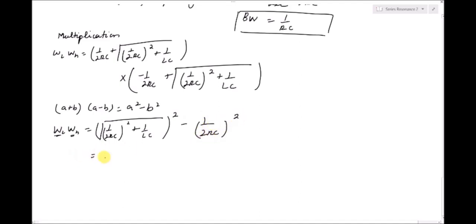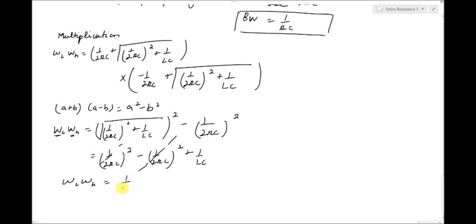So the (1 over 2RC) square terms cancel out, leaving plus 1 over LC.